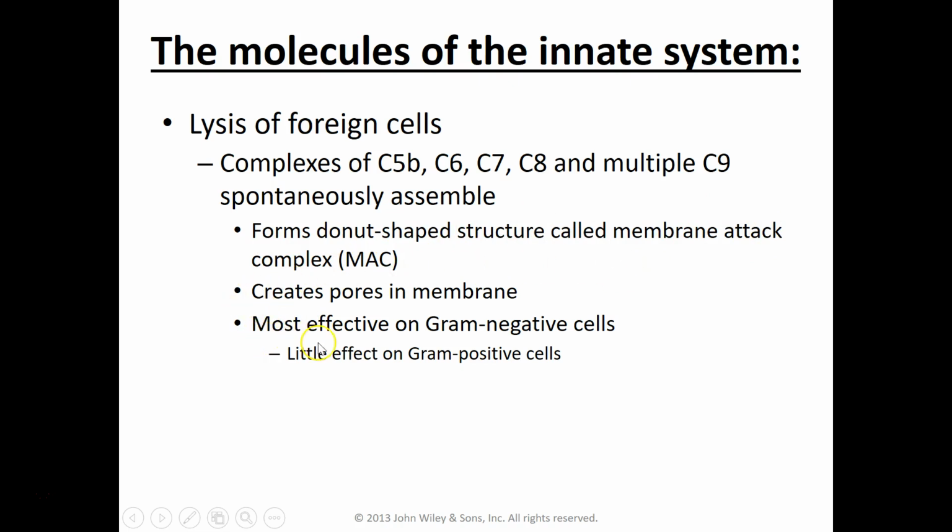So it's most effective against gram-negative cells, less against gram-positive. See, I told you, still not shutting up about gram-positive and gram-negative. It goes all the way to the end, y'all. Okay, so these cellular differences. So if it's a membrane attack complex, anyone want to guess why gram-negatives are more susceptible to this attack?